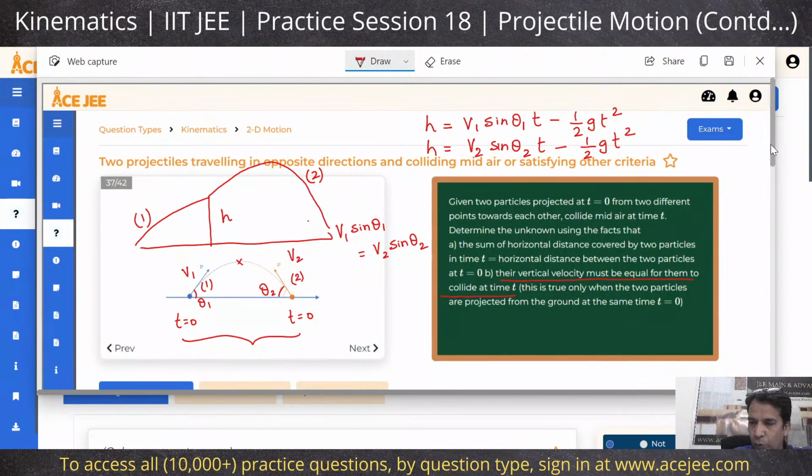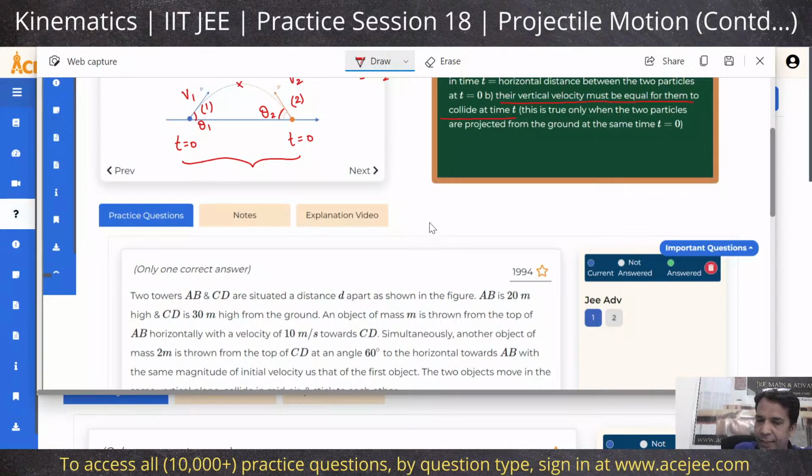What if the two are thrown from different heights? Let's say one is thrown from here, another is thrown like this. This one is horizontal. So in this kind of scenario, we obviously cannot say that their vertical components are the same. But what can we claim? Well, let's say they meet at a certain point.